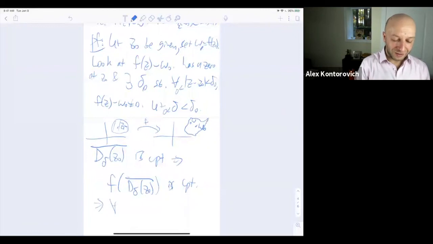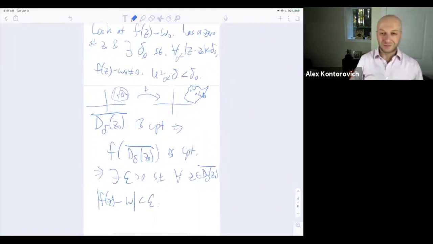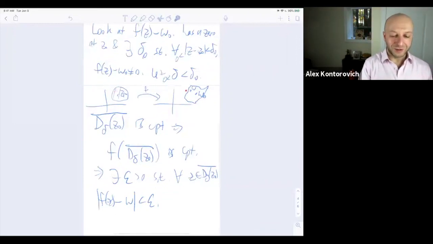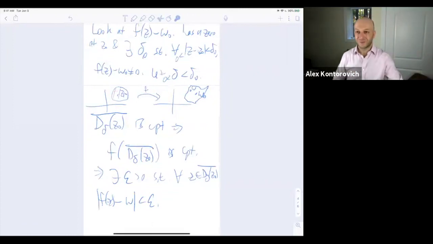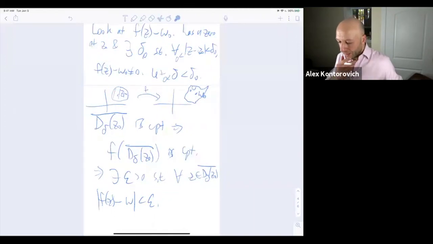So I just want to say there exists an epsilon such that for all Z in this delta ball about Z0, |F of Z minus F of Z0 minus W| is at most epsilon. This is just continuity. I take some compact region, I apply a continuous function, I can't get super far away from the value. So there's a limit as to how far I can get.